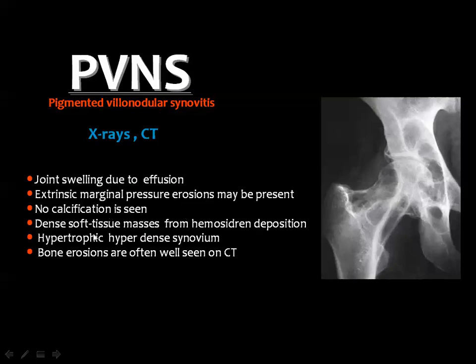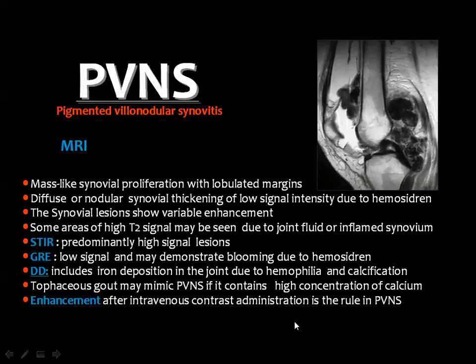There may be dense soft tissue masses because of the hemosiderin around the joint, and hypertrophy of the synovium is of course seen by CT or by MRI, and bone erosions, if they are small, are better seen by CT scan. But the MRI appearance is quite pathognomonic.